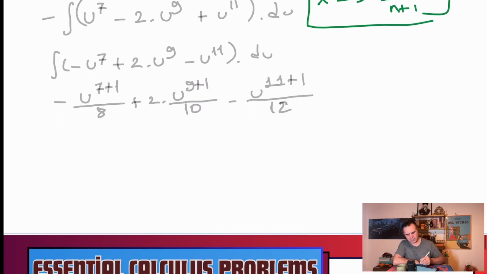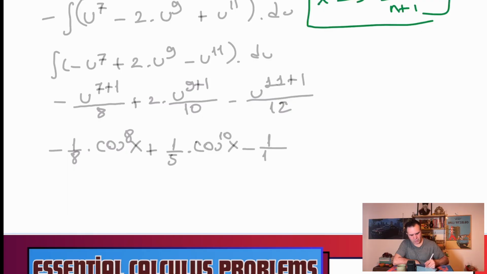Okay, minus 1 over 8 times u to the power of 8, and u is cosine x here, then cosine to the power of 8x. Plus 2 over 10 is 1 over 5 times u to the power of 10, which is cosine to the power of 10x, minus 1 over 12 u to the power of 12.